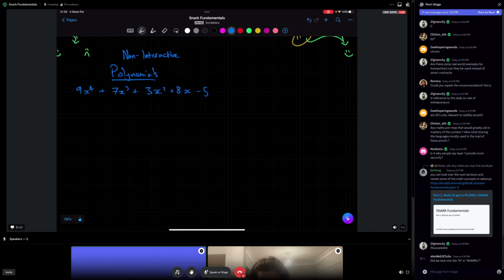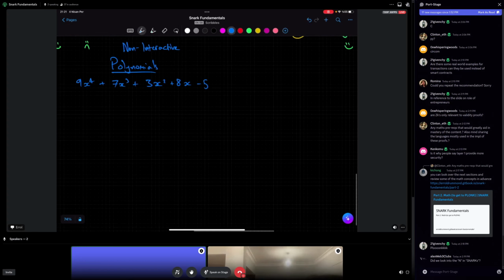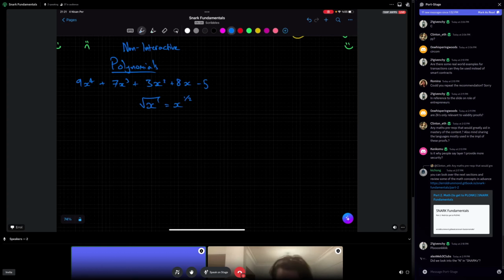They're going to be as large as we want. What we're not allowed to do is use something like a square root, which is the same as a half power. We can't use any power of x that is not a positive whole number. So f of x equals x to the 1.3 is not a polynomial.